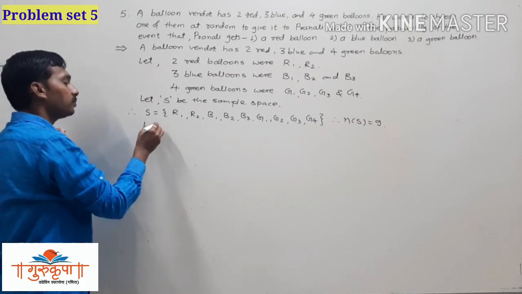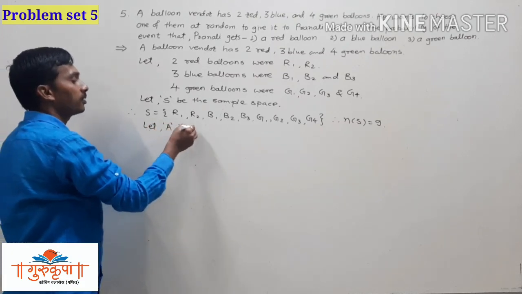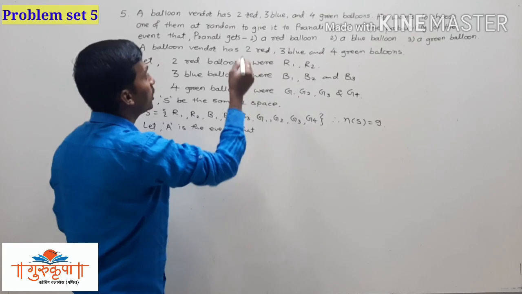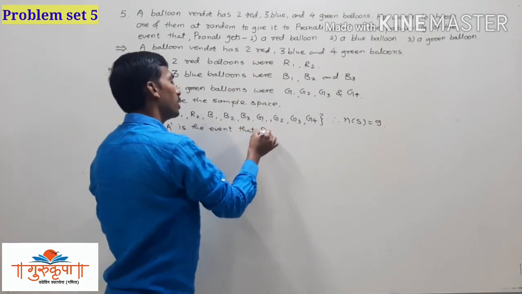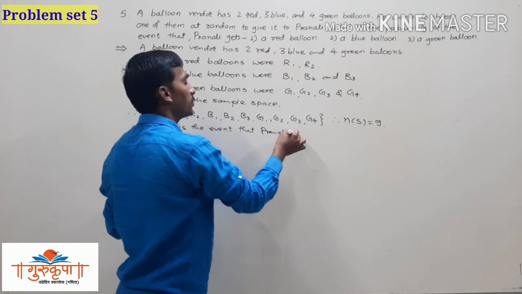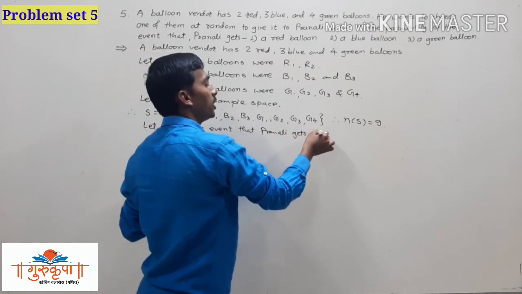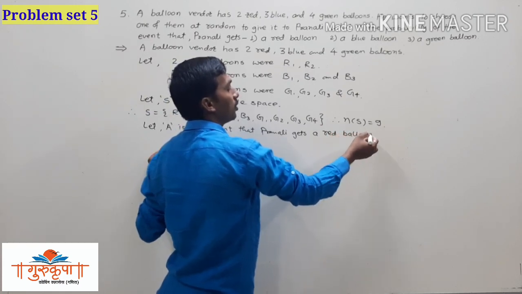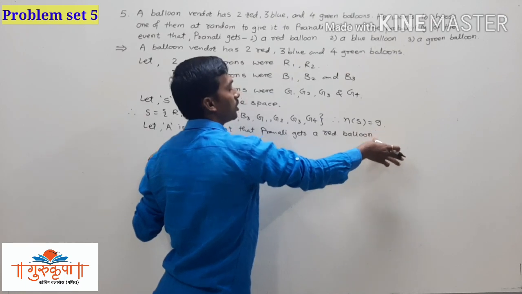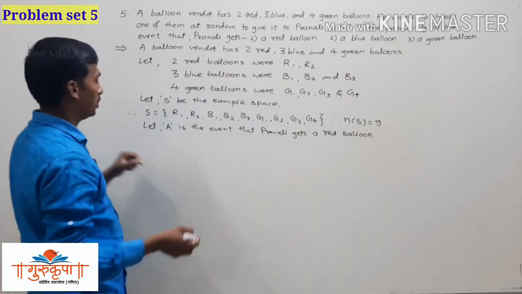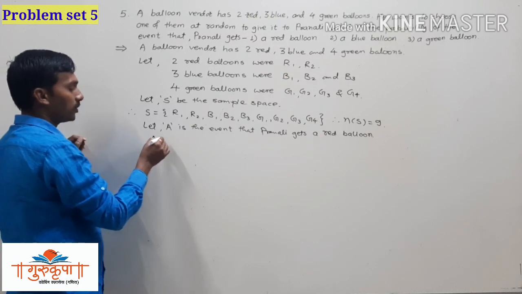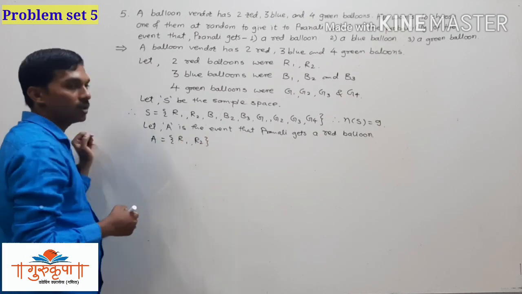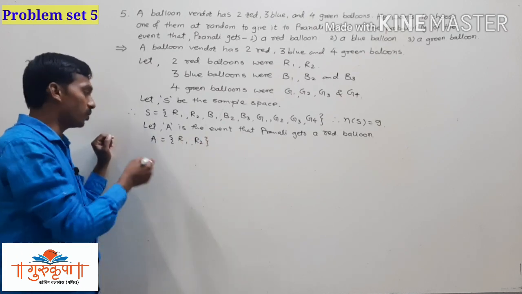Let A be the event that Pranali gets a red balloon. How many red balloons do we have in all? That is 2 red balloons. So A is equal to the curly bracket R1 comma R2. It may be R1 or it may be R2, so we have two possibilities.